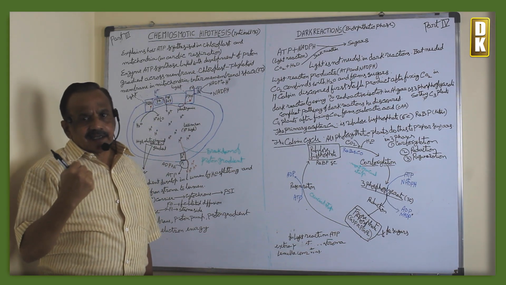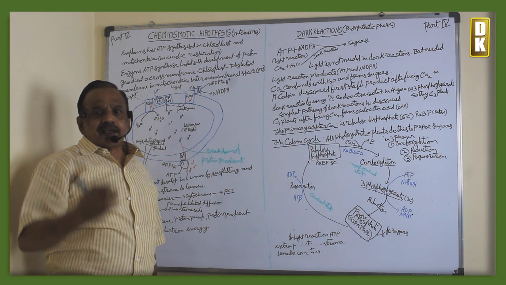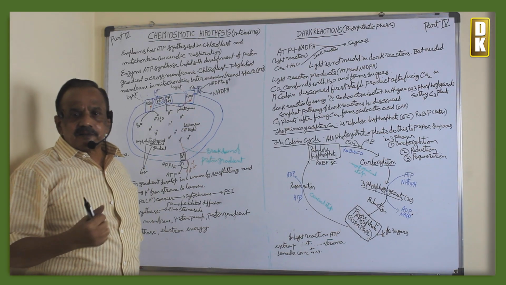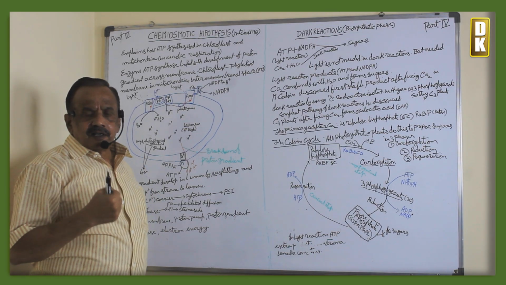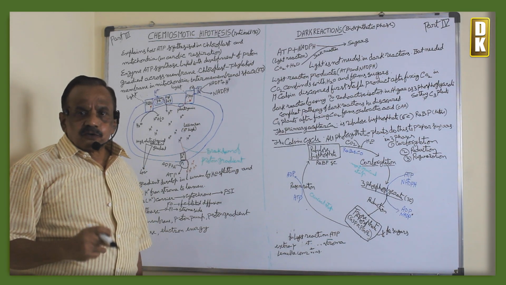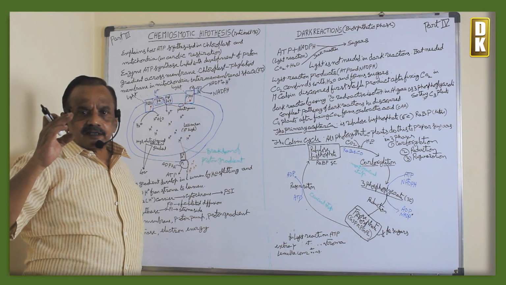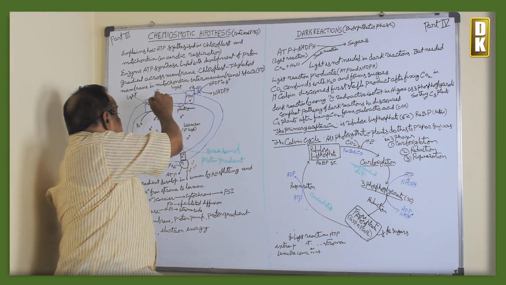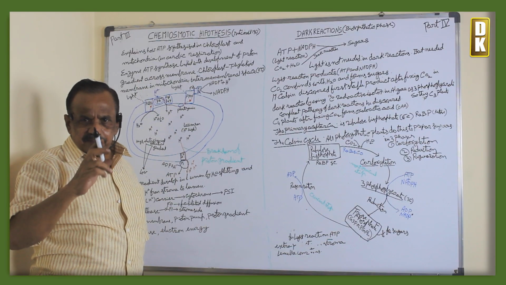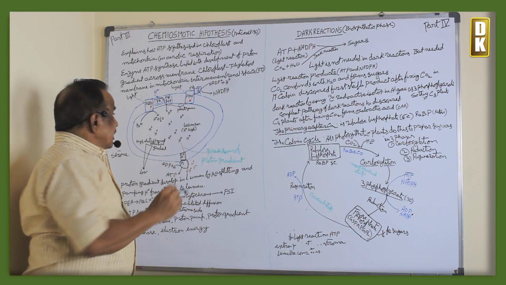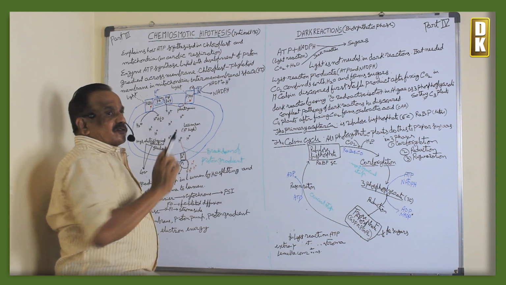How much kinetic energy is it? There is a lot, because the excited electron comes with full force. That force is enough to lift a proton 1837 times heavier from the outside to the inside. This is most important. Proton pump means that the plastoquinone does this work.